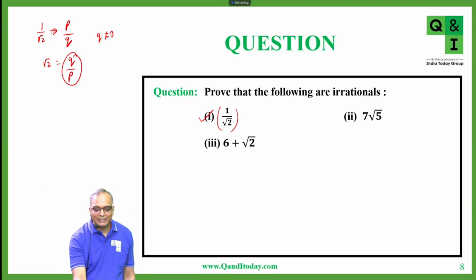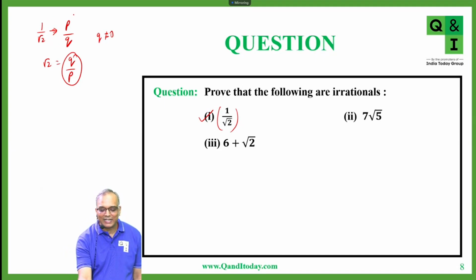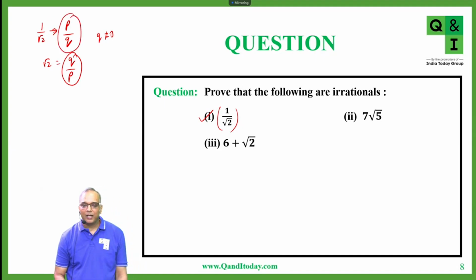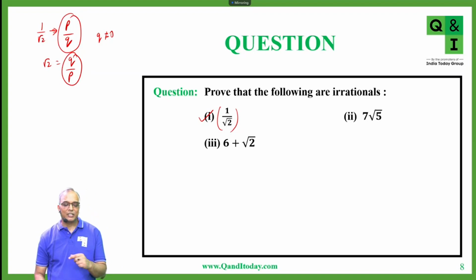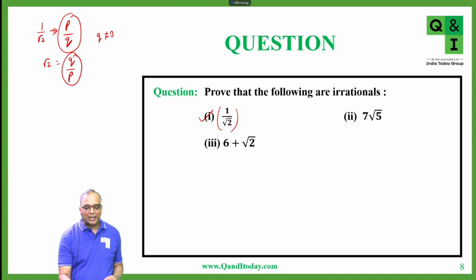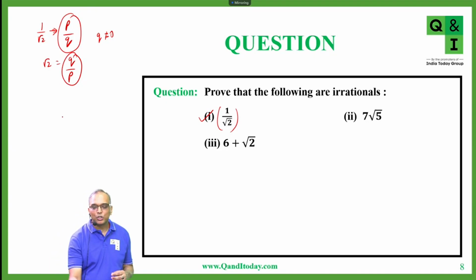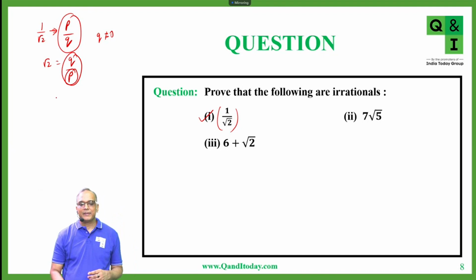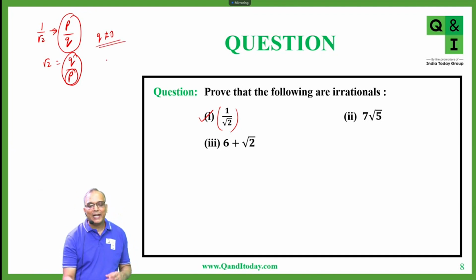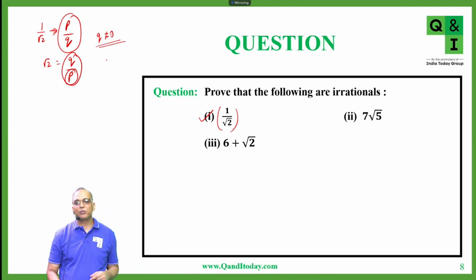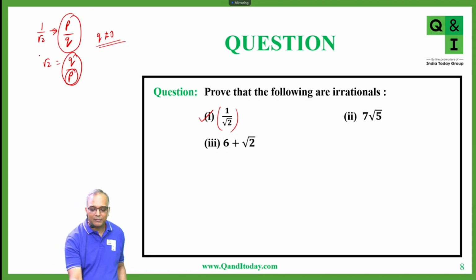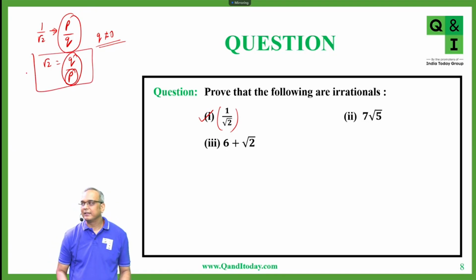So when I say that 1 by root 2, if it is rational, can be represented in the form P by Q, where P and Q are integers and Q not equal to 0. But when you do a cross multiplication, it will become Q by P. Now here we don't have a condition for P. In the initial case, we only had a condition for Q, that Q is not equal to 0. But P also should not be equal to 0 if I am cross multiplying it, right?